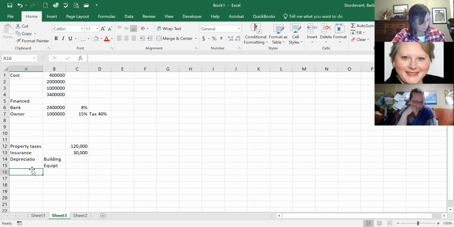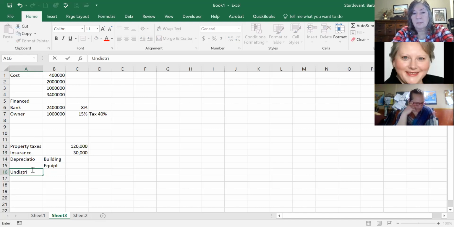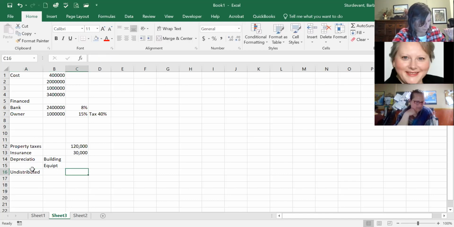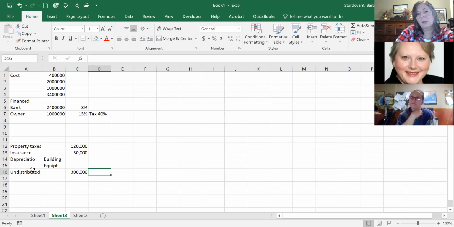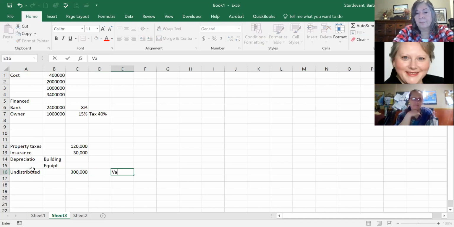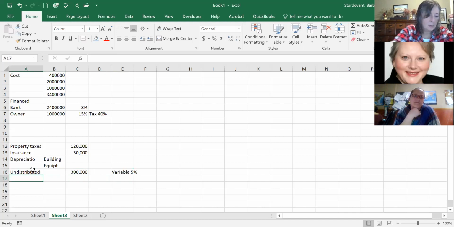We have undistributed expenses. So we have fixed of 300,000. But we also have a variable of 5%. We have a management fee.